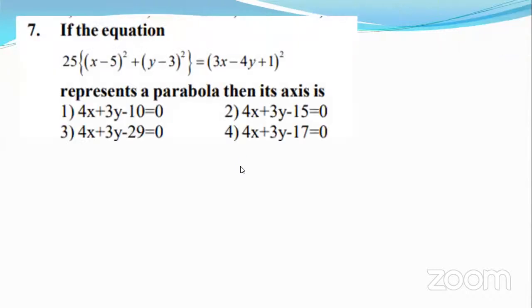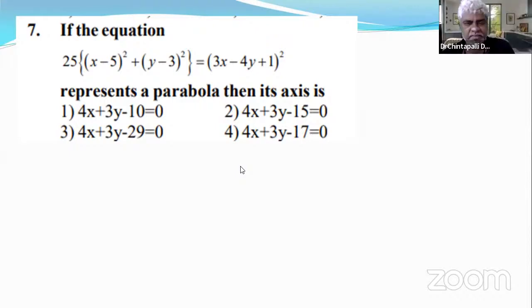So this one, it's the equation 25x minus 5 whole square plus y minus 3 whole square equals... First of all, what are the requirements to find the equation? In this question, what is asked?